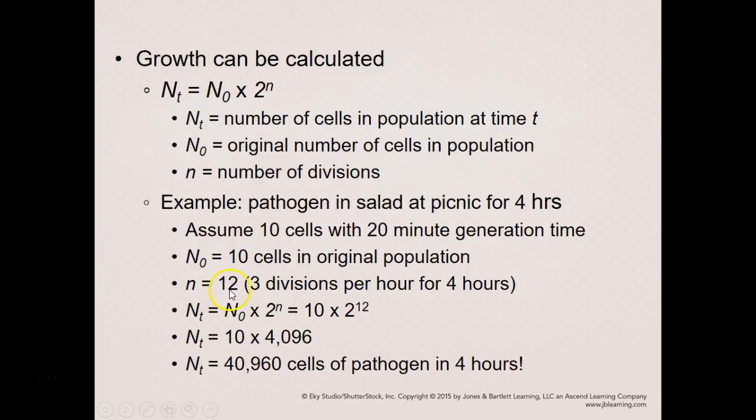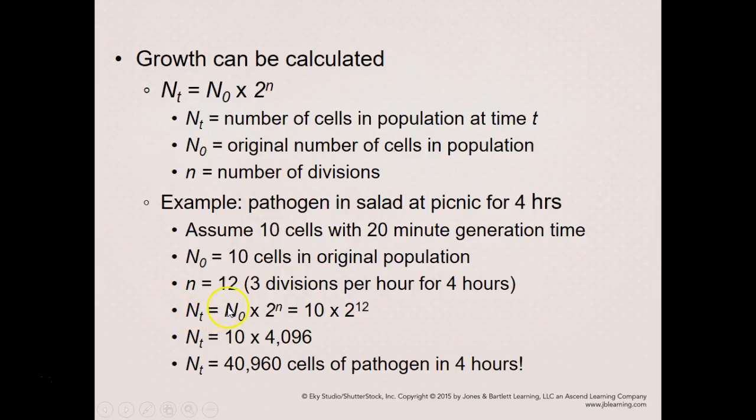The tiny n is 12. And we know this because for every 60 minutes, we have 3 divisions, since it's 20 minutes. So 20 times 3 is 60. And there's 4 hours, so 4 times 3 is 12. I will do this on the board for you. Just ask me to, because this gets confusing and people do struggle with this.